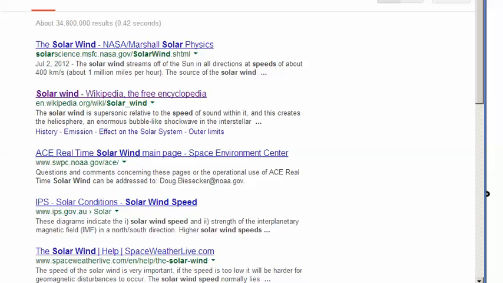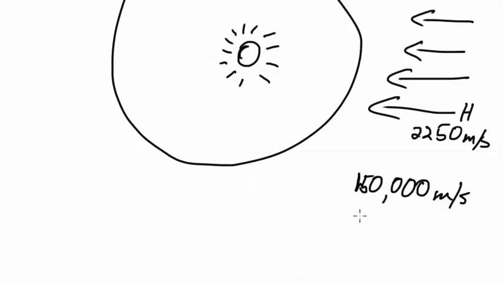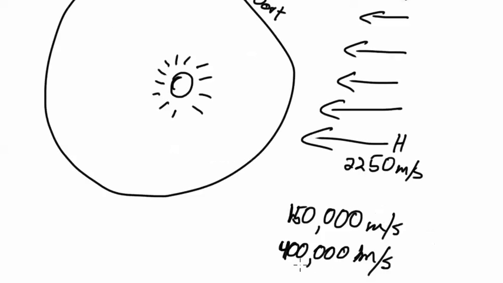To answer that question, I'm going to look up the solar wind speed. And it says the solar wind speed streams off the sun in all directions at speeds of about 400 kilometers per second. 400 kilometers per second is 400,000 meters per second. So a 400,000 meter per second wind should stop a 150,000 meters per second wind with no particular issue.